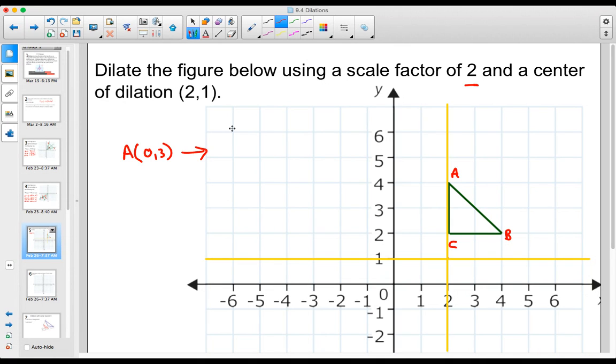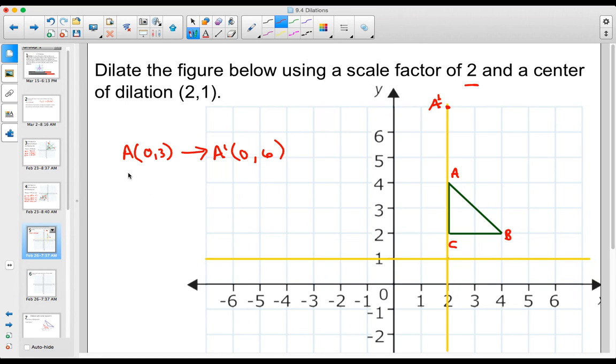I'm going to map it with a scale factor of 2 to A prime, so I'm going to double each of these. 0 times 2 is 0, 3 times 2 is 6. So A prime is going to be at 0, 6. I'm still using my yellow axis here, though. 1, 2, 3, 4, 5, 6. There's A prime.